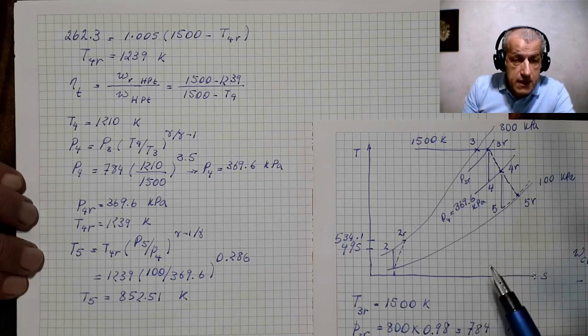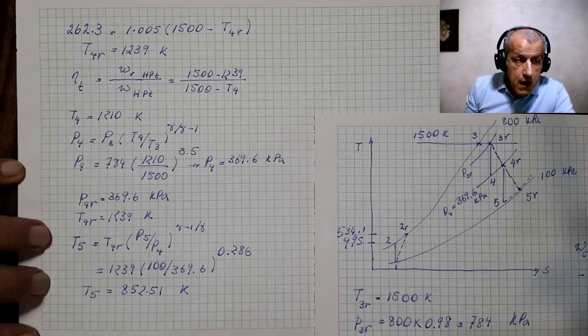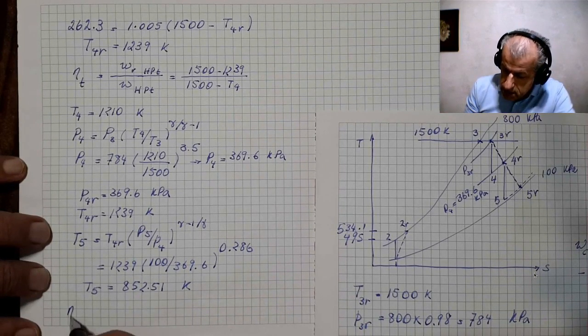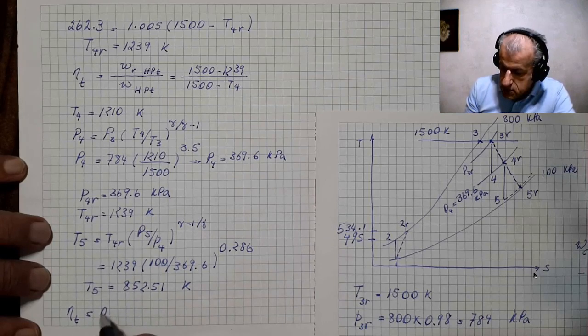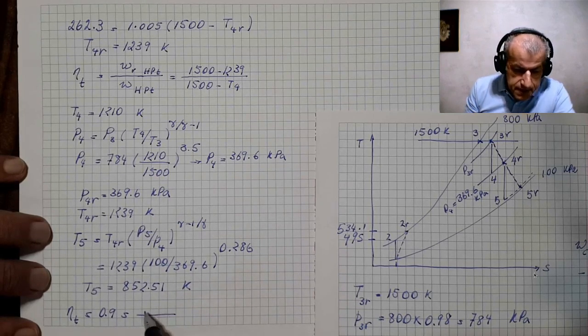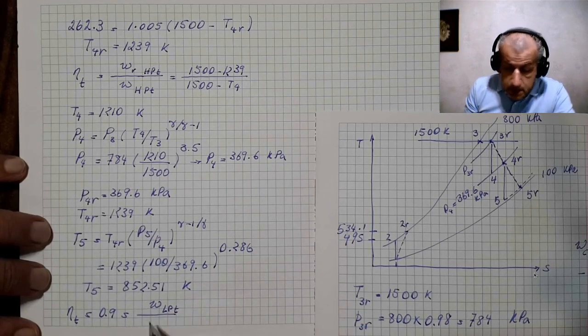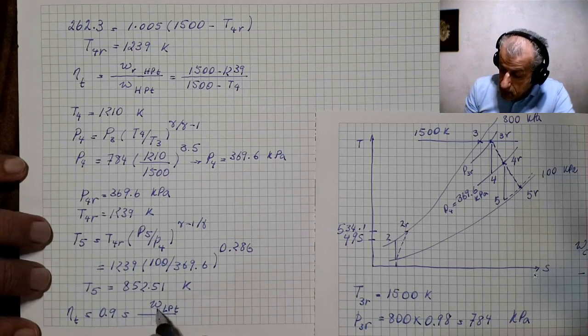Well, for the power turbine we also assume an efficiency of 90%, so that brings us to calculate T5R. Eta T, the turbine efficiency, equals 0.9, and that is the real work of the low pressure turbine divided by the ideal work of the low pressure turbine.